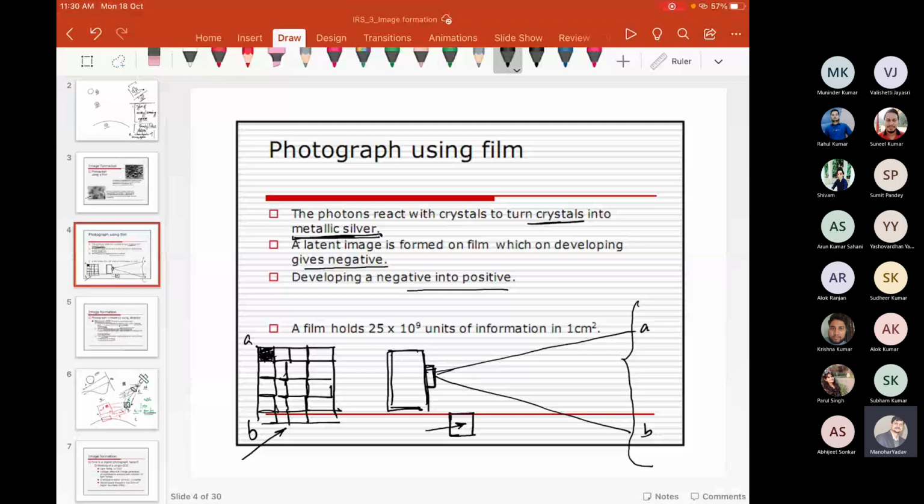When it interacts with the photons, these silver halide crystals are turned into metallic silver.